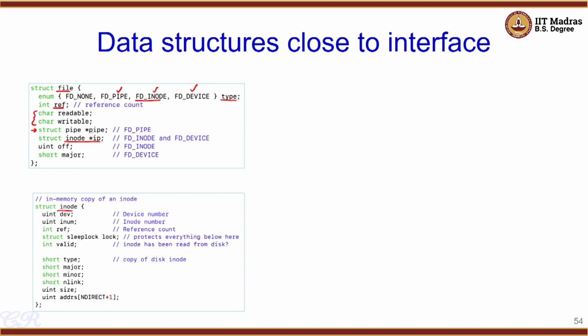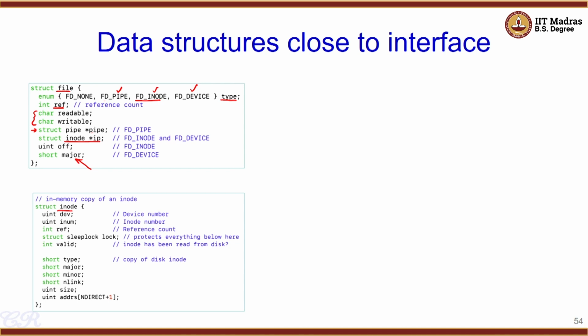Another important thing is the major number. This major number is what distinguishes a device like a peripheral, UART and so on, from something which is stored in, say, the hard disk.